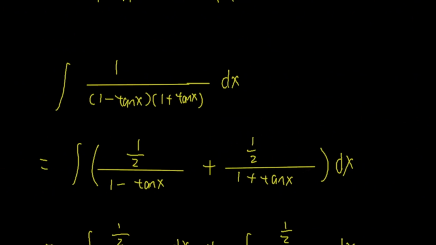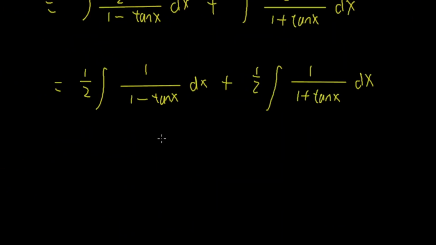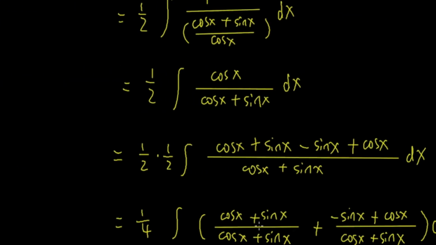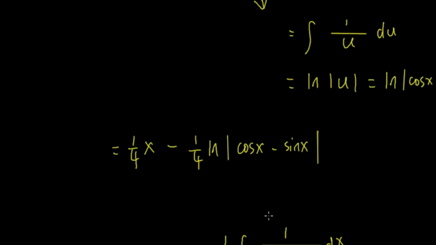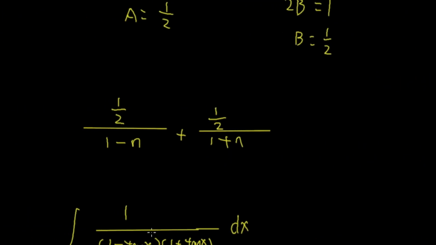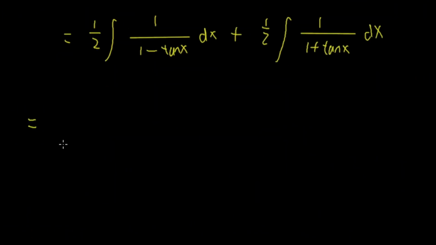Now, what I need to do is just combine the integrals of what I just did for this, right? Okay, so that is equal to, what's the integral of this? It's this one here. 1 over 4 x minus 1 over 4 ln of cosine x minus sine x.